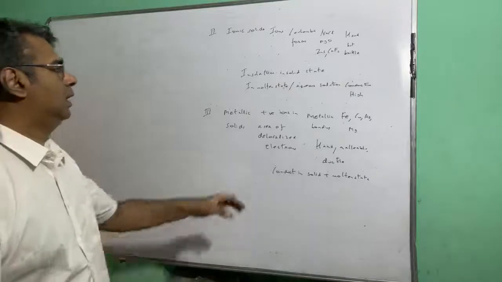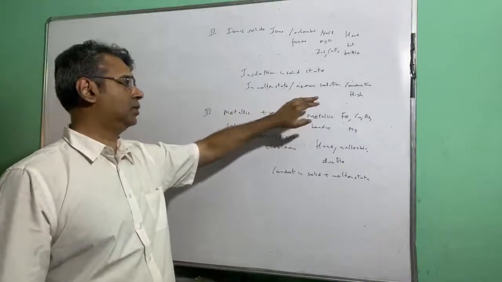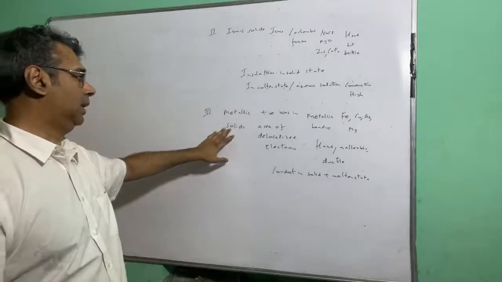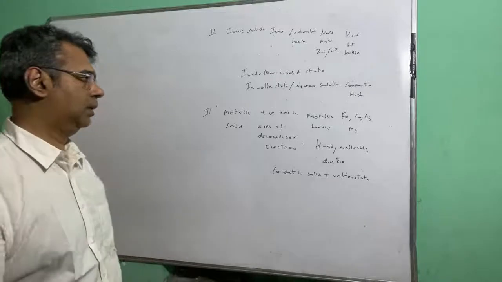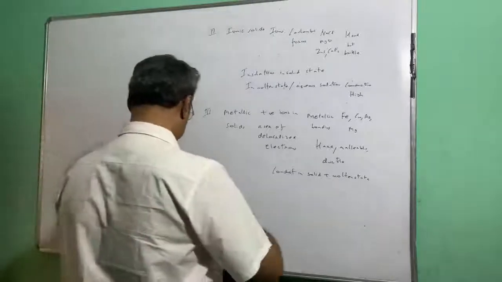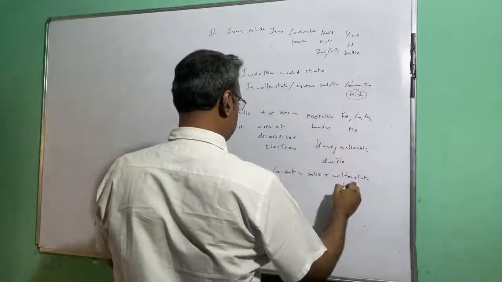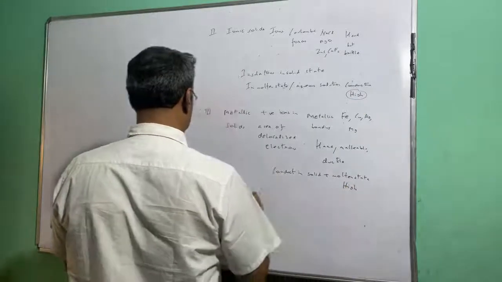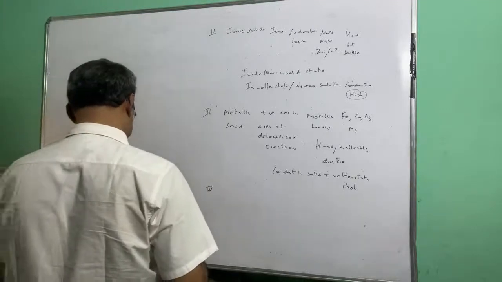Ionic solids in solid state don't conduct, but in molten state and aqueous solution they conduct. And metallic solids conduct in both solid state and molten state. The melting point of ionic solids is high, and for metallic solids also the melting point is high. So this is metallic solids.